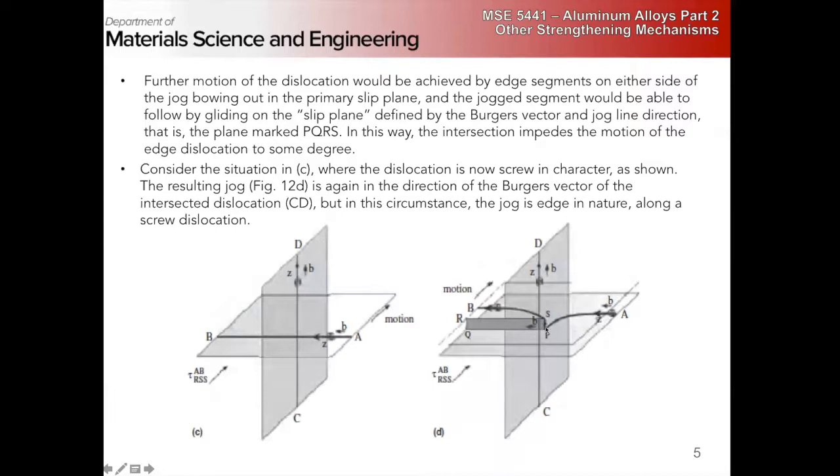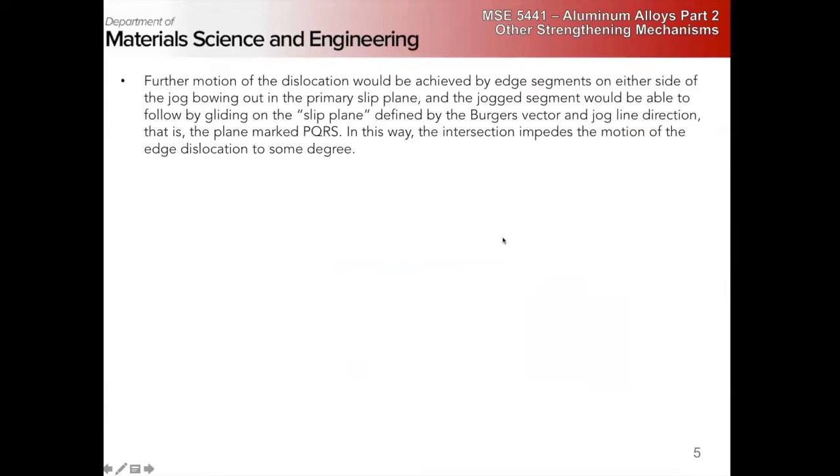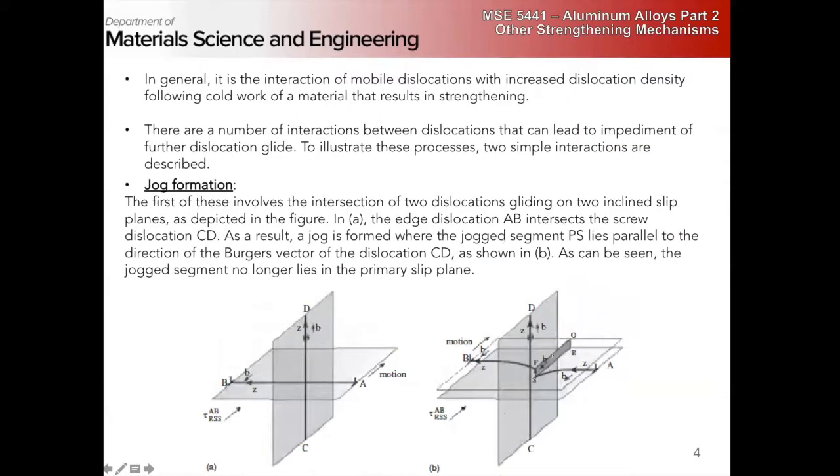But if we contrast that with two screws that intersect, we have a very different case, right? What's different about the edge in the screw case? Can this dislocation still move this way?